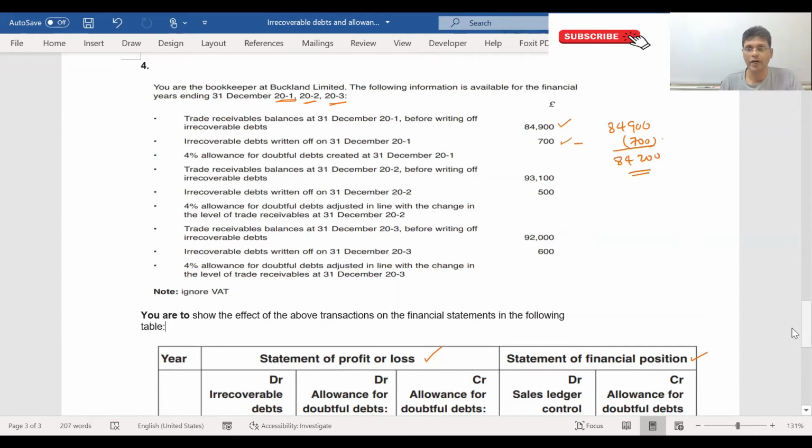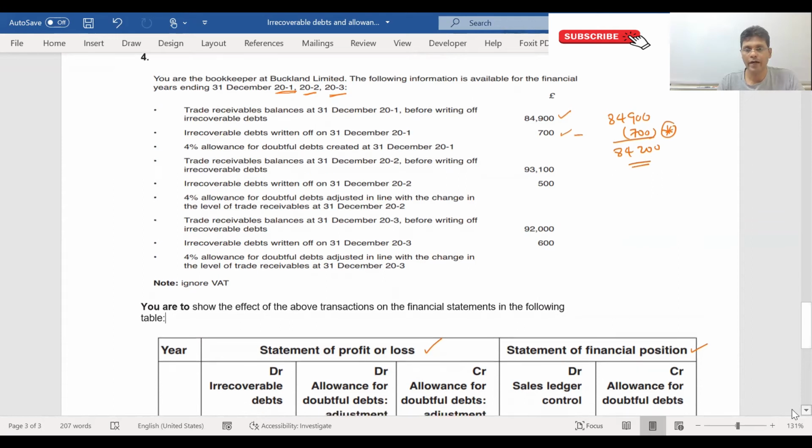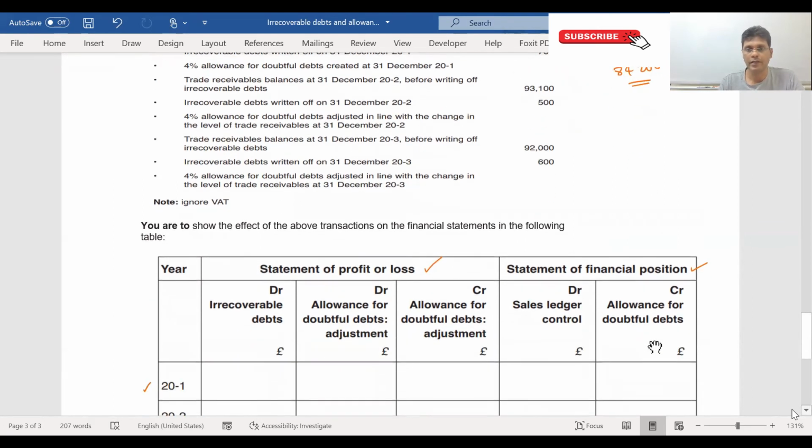So when you write off, you remove the balance from the receivable account. So therefore, in 2001, in your financial position, the sales ledger control account consists of all the ledger balances, the debtors accounts, the total of all the individual customers. The balance should be 84,200.